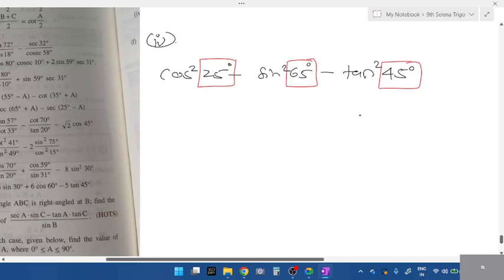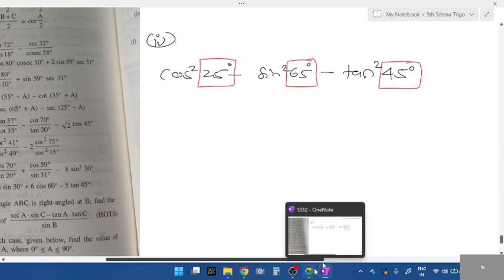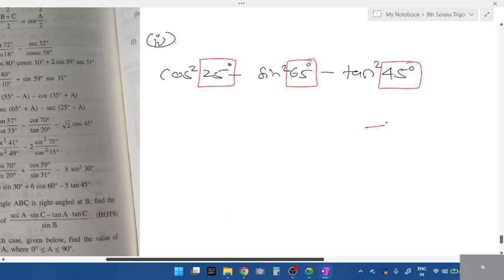What is tan 45? You don't know tan 45? 1. So can I write 1 square is 1, right? Okay, we converted this. Now we are left with only how many values?